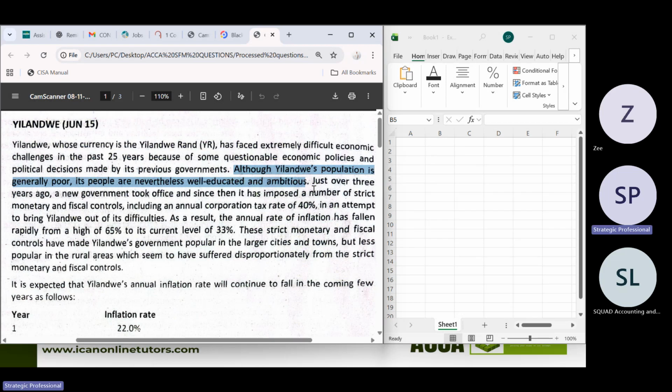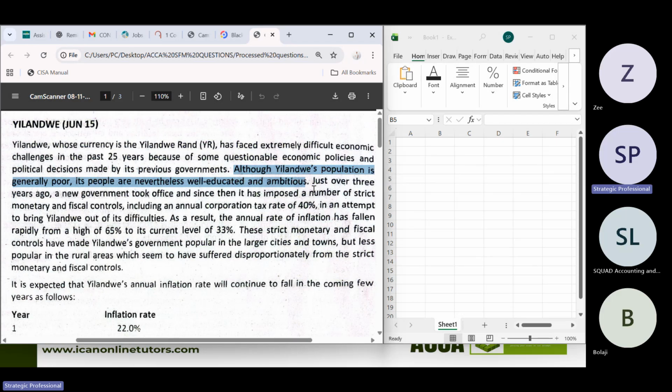Are we following? I'm just giving you tricks on how you can flesh up your writing part, right? This is a problem on political risk. A new government just took over, and you know when a new government takes over, it's possible that the policy of the past government can be stopped immediately, right? And they will bring in new policies. The new policies they are bringing in, we don't know.